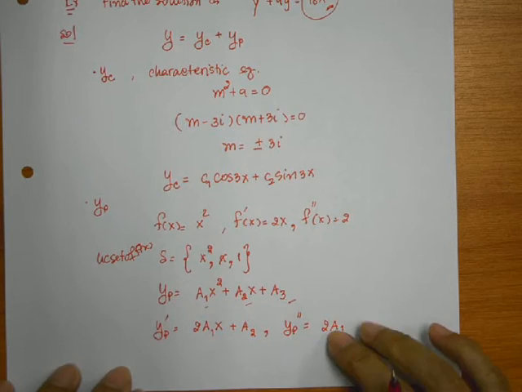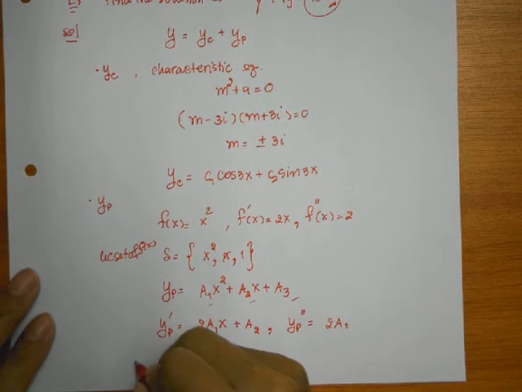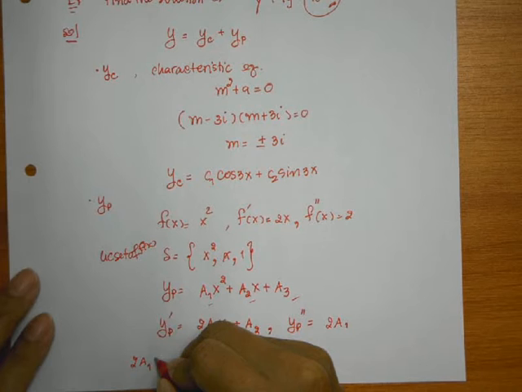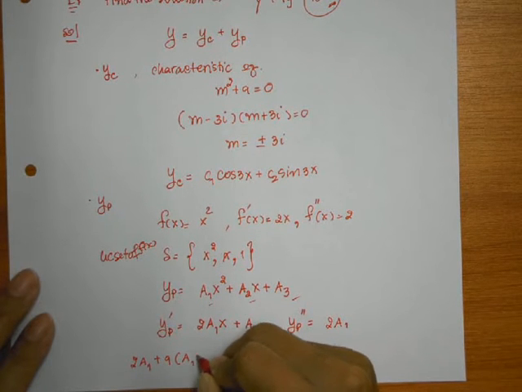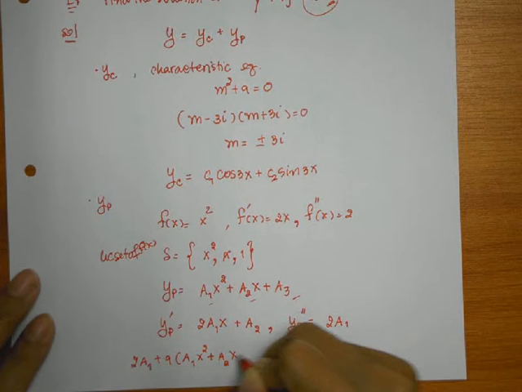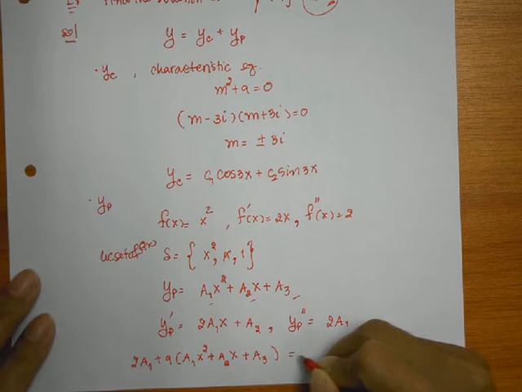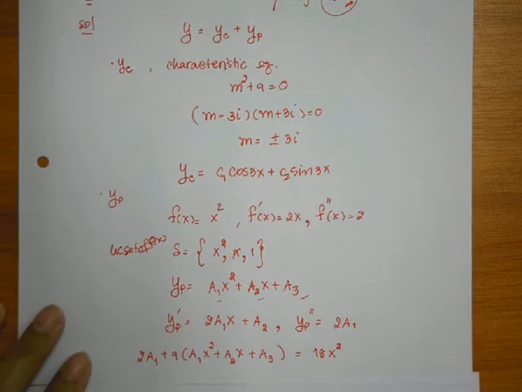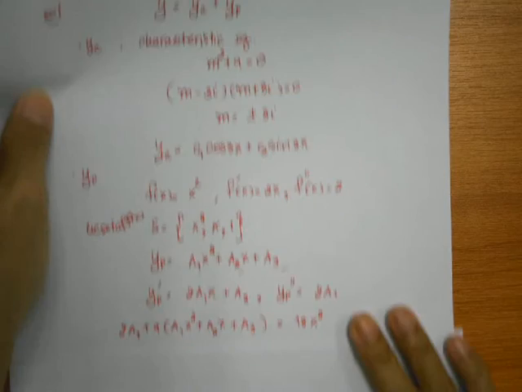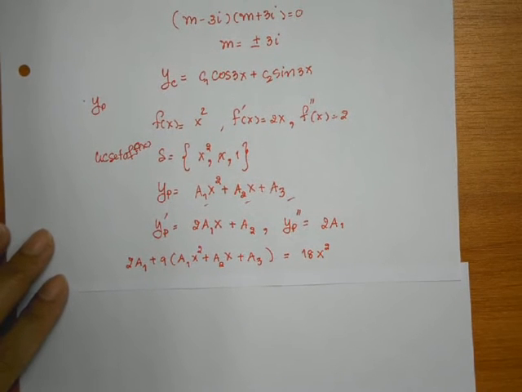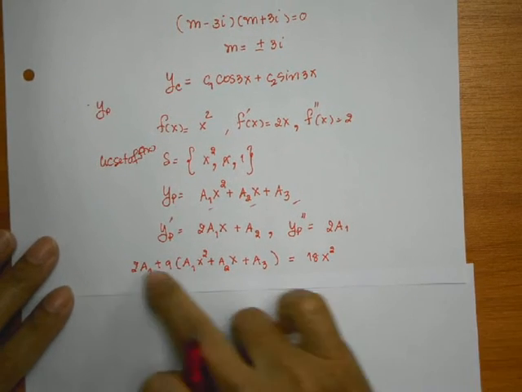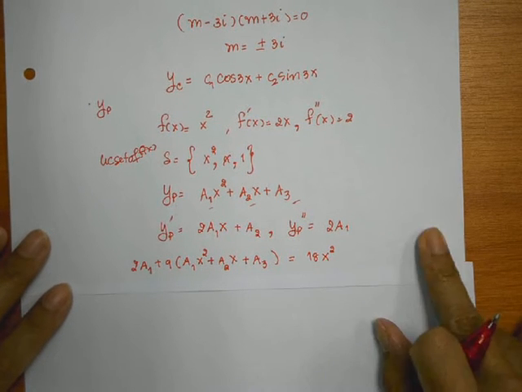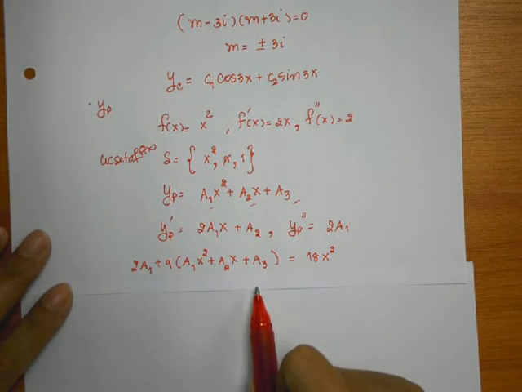And then you put it back in our differential equation, and we would get 2a1 plus 9(a1 x squared plus a2 x plus a3) equal to 18x squared. Because, like I said, we are going to compare the coefficient of each function. Now we are going to arrange this by looking at the functions: we put x squared, then x, and then the number.